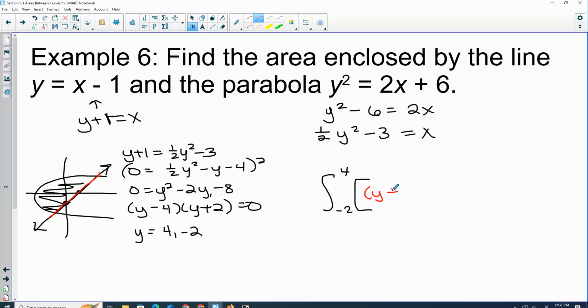So that's y plus 1, minus the left, which is this parabola. And this is dy, in terms of y. So it's a little bit different there.